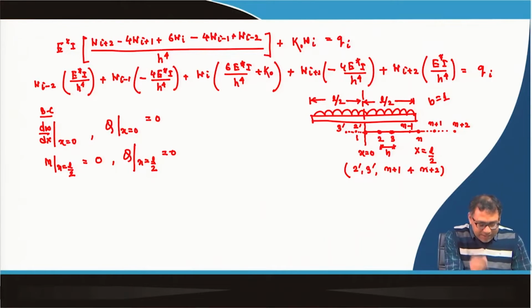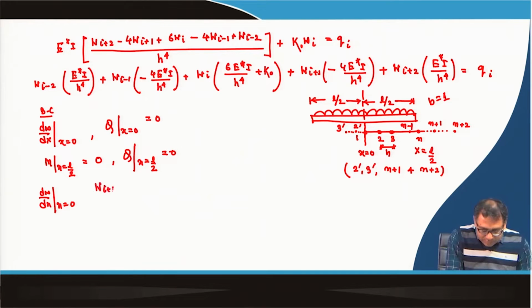Now, if I apply the boundary conditions at the center, that means at i equal to 1, the first node, we have to apply the first 2 boundary conditions, because it is x equal to 0. So, dw/dx at x equal to 0: I can write w(i+1) minus w(i-1) over 2h equal to 0. Here w(i+1) is the second node, w2, and w(i-1) is the imaginary node 2 dash, w2 dash, equal to 0.